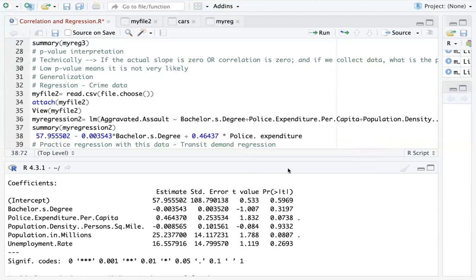And this variable is really important because a few years ago, there was a movement going on in some East Coast states about defunding the police. So this type of data is really informative to make decisions or to test those types of claims, although we don't have much data here. And then the next one is population density, 0.008565, multiplied by population density.